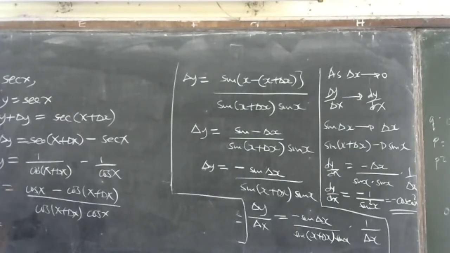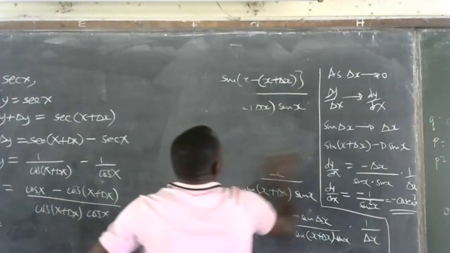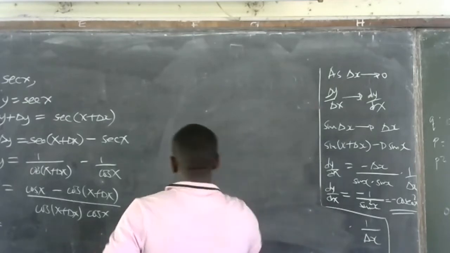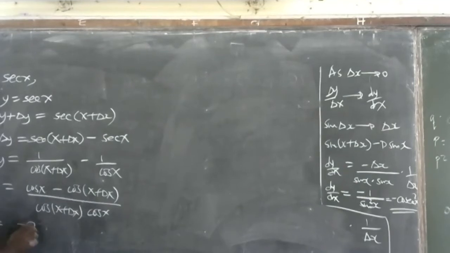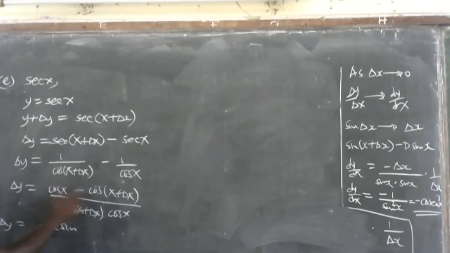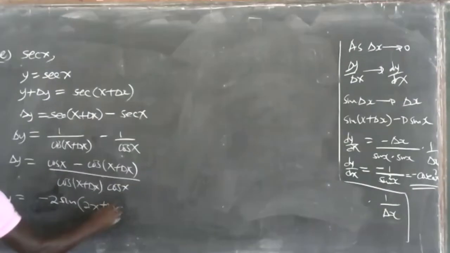So yeah, what we have here? Factor formula. Yes, you have negative 2 sin. You first add, okay? Of 2x plus change in x, right?